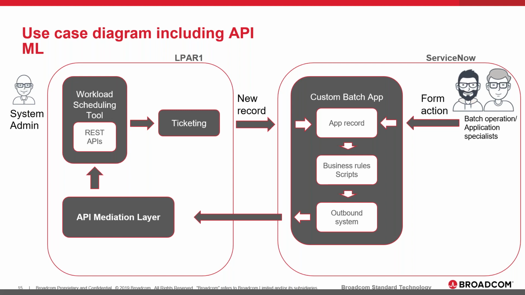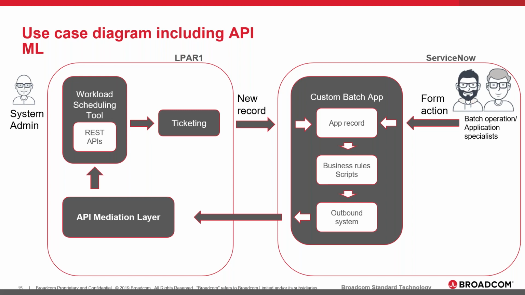There will be some back-end rules and scripts that will interpret that, and it will run the outbound system, which is basically how ServiceNow handles REST API integrations. And that will go to the API mediation layer that we were mentioning. So there will be a single access point for all mainframe APIs.